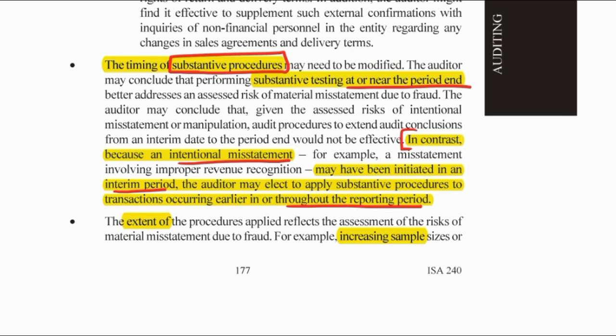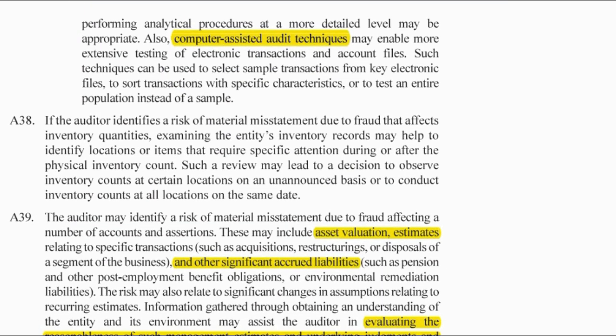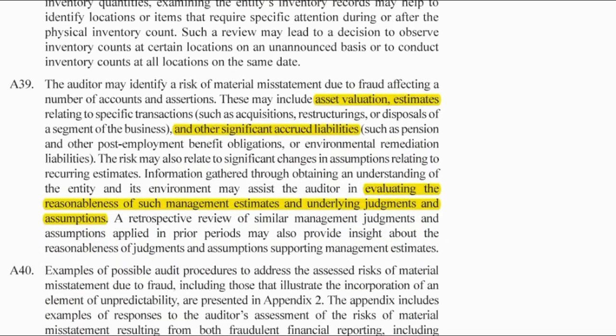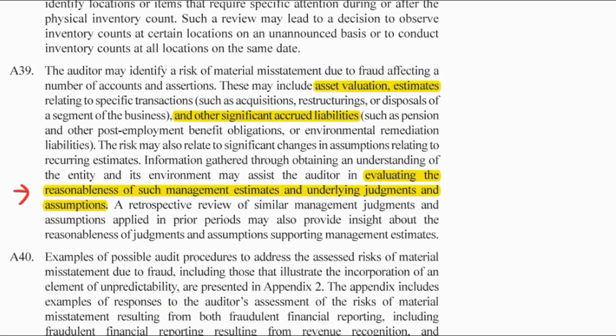But our initial instinct is to come through at year end. Extent: increasing our sample sizes, and potentially using more computer-assisted audit techniques. Further to that, it says to evaluate the reasonableness of estimates and assumptions, because there could be a big concern with regards to them.